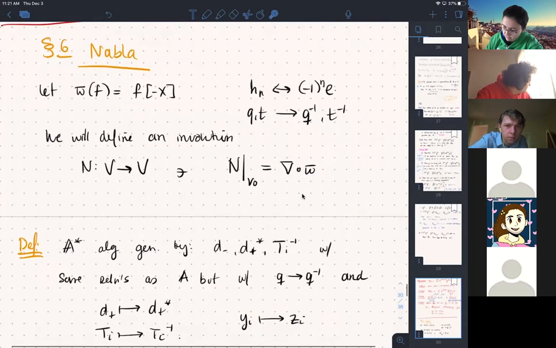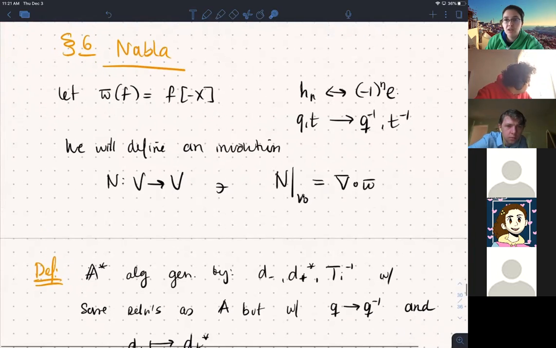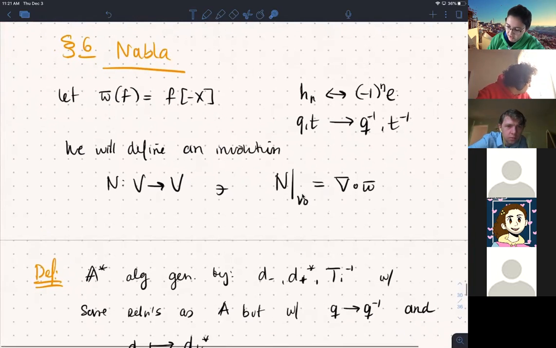So what is the point here? We're not actually going to define nabla. We're going to define a modified version of nabla. What I mean by that is we're going to define an operator that's an involution on this vector space, V to V, right?